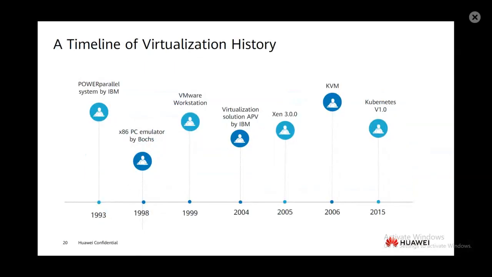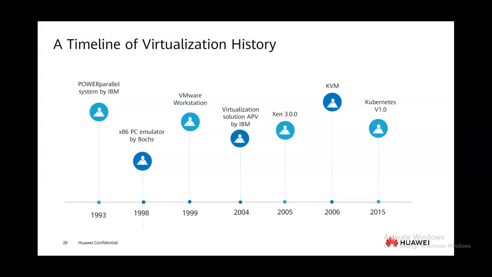So let's see now the tracks. This is the timeline for virtualization technology. This idea was started by IBM. Then they created emulators in 98. VMware Workstation started their own in 99. IBM also created what is called LPARs in 2004.